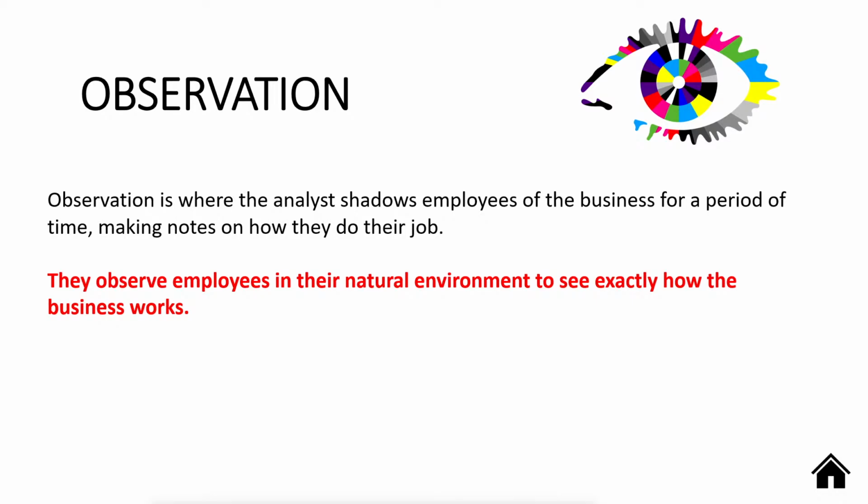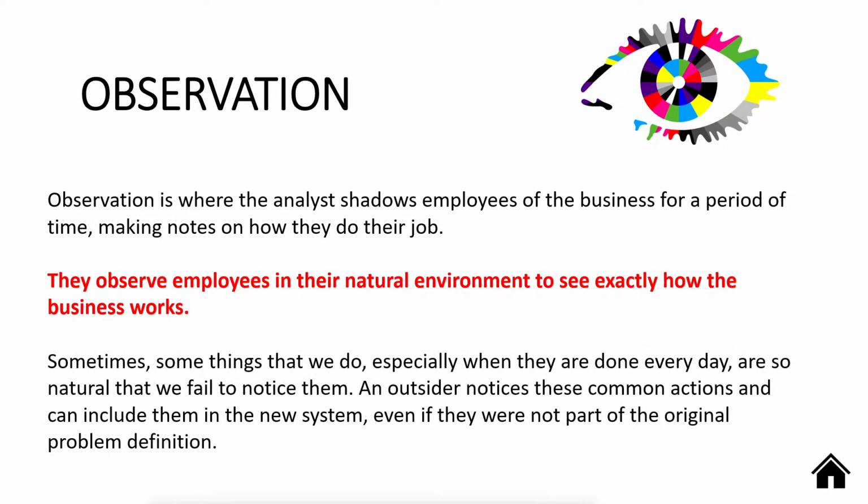You observe employees in their natural environment to see how the business works, and you write down the inputs, the processes, and the outputs. Inputs, outputs, and processes, that's what we're trying to work out.